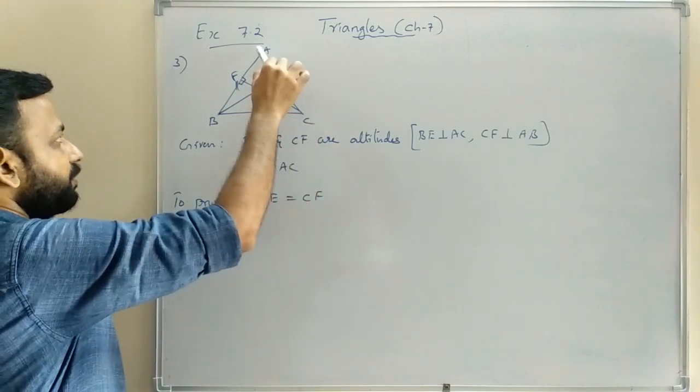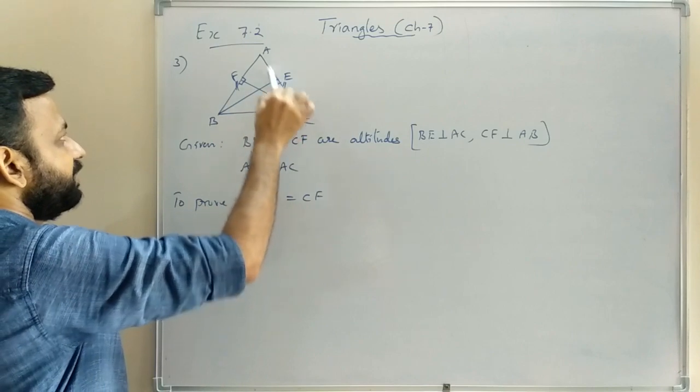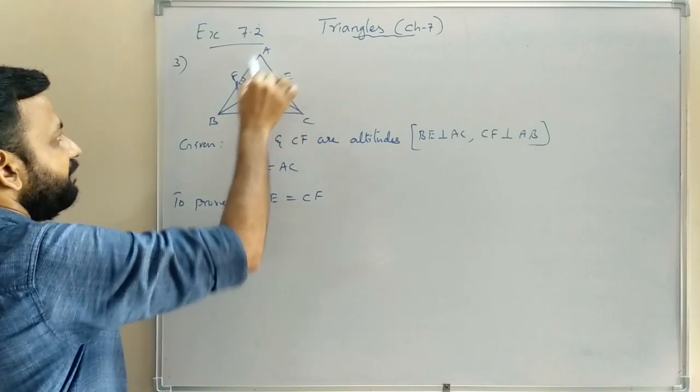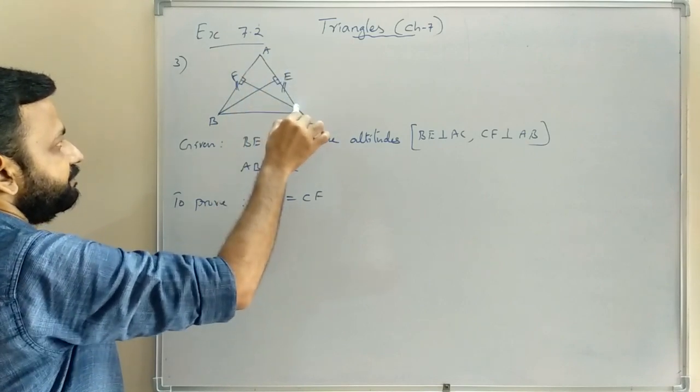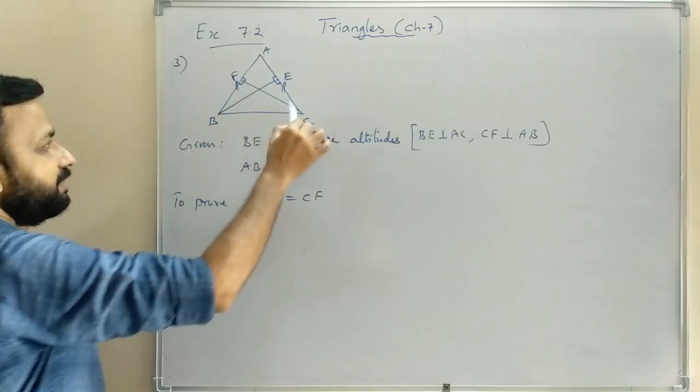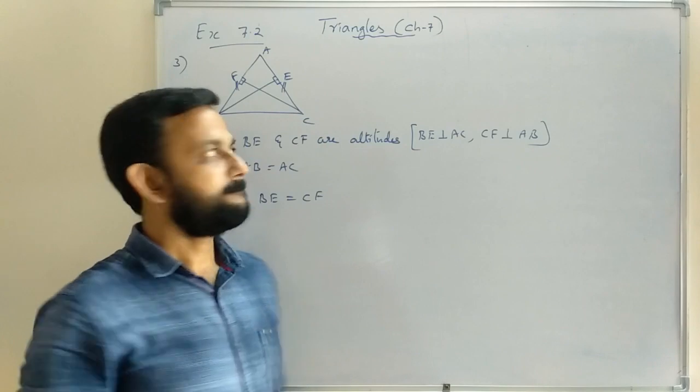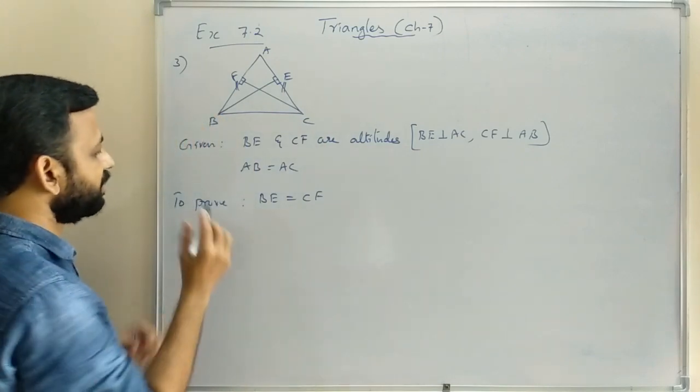So if we can prove triangle ABE congruent to triangle ACF, then BE and CF are equal, CPCT. So we are going to prove that two triangles are congruent.